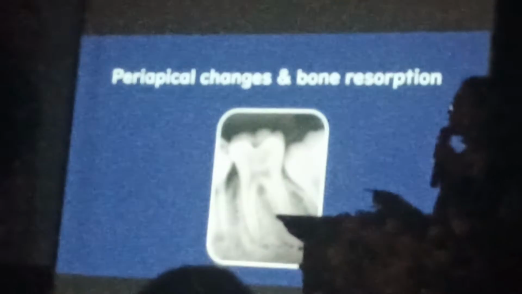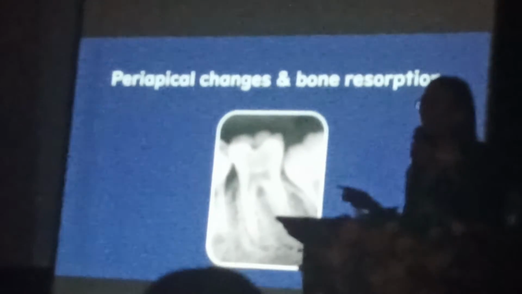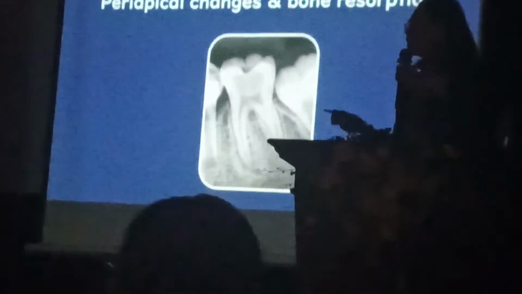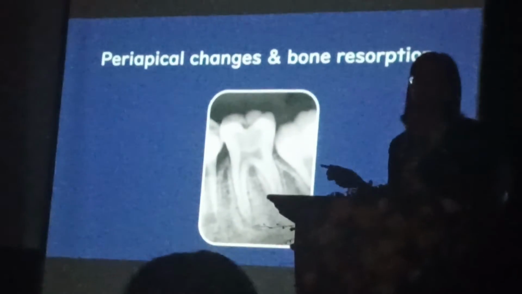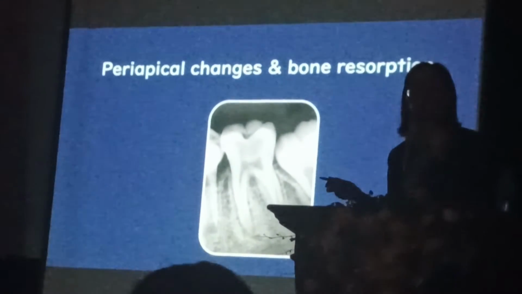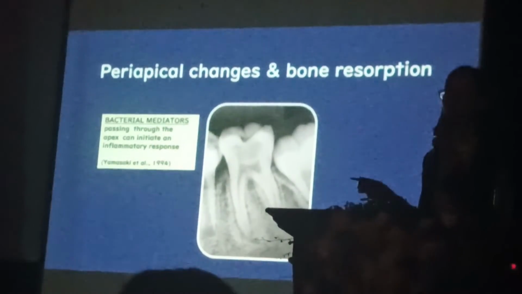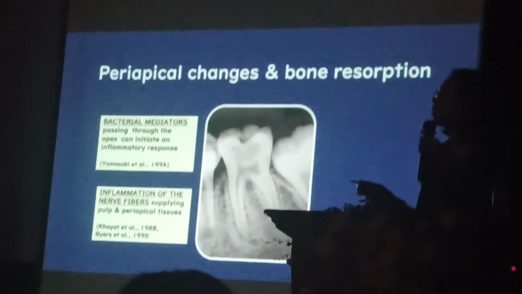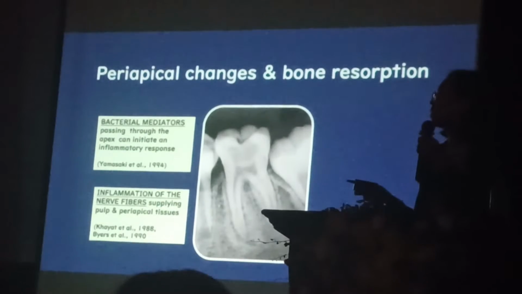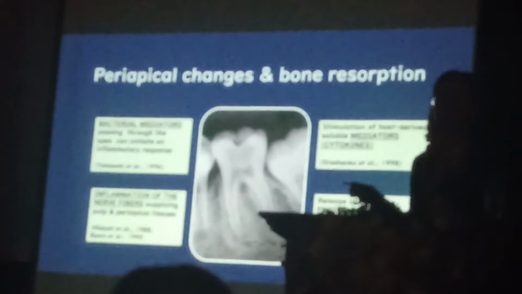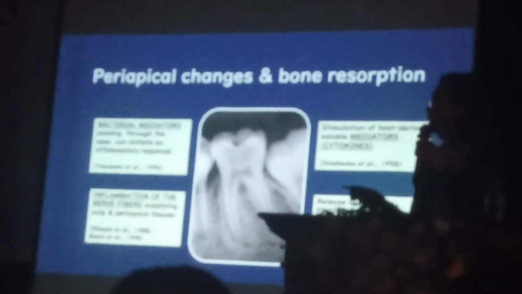Several studies show that periapical bone resorption can occur without total pulp necrosis, and that can happen because of bacterial mediators, inflammatory nerve fibers, and also pro-inflammatory cytokines.